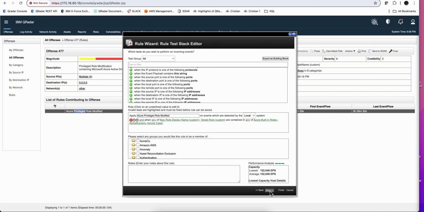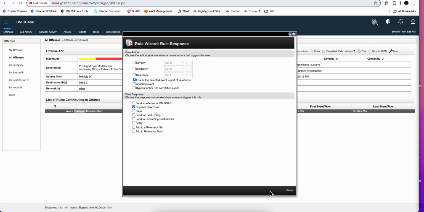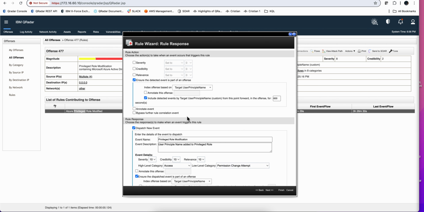But most important is to highlight the fact that he's using this feature, which not too many people take advantage of, which is when these events fire, I want you to include all the events in this offense where the target principal name, the person that was given the escalation of privileges, performs any action for the next 10 minutes.